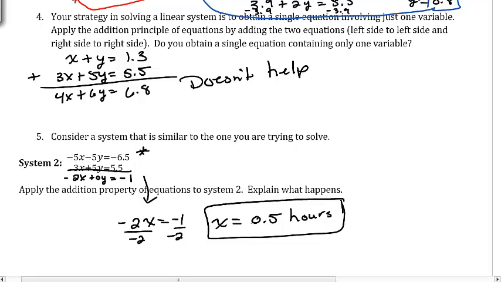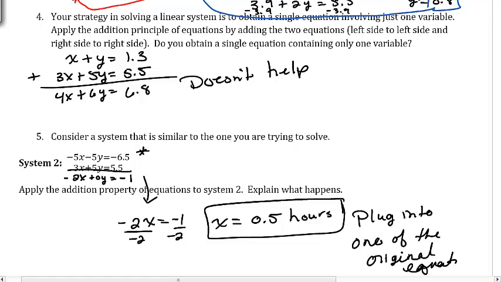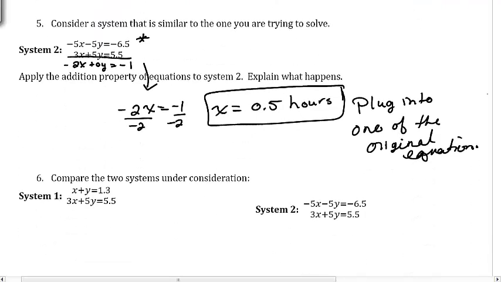Then to figure out y, you would plug this into one of the original equations. It doesn't matter which one you plug it into. I usually try to plug it back up into one of the easier of the two equations, and the easiest of the two equations was x plus y equals 1.3.